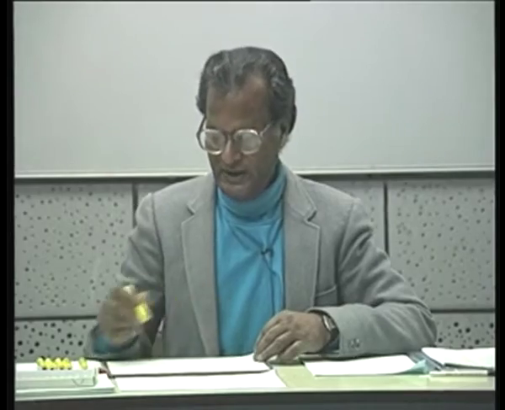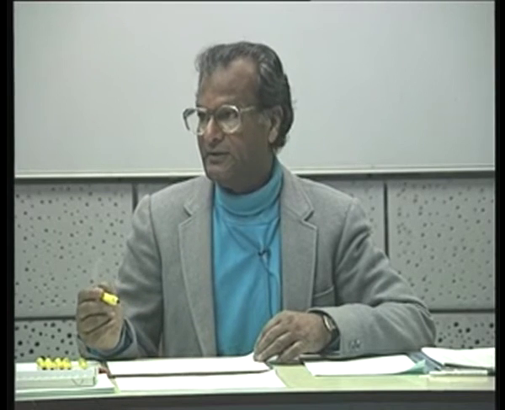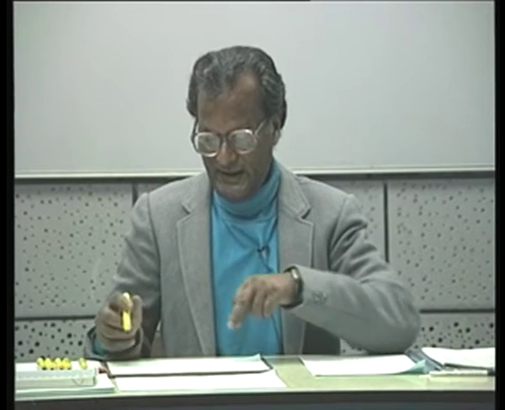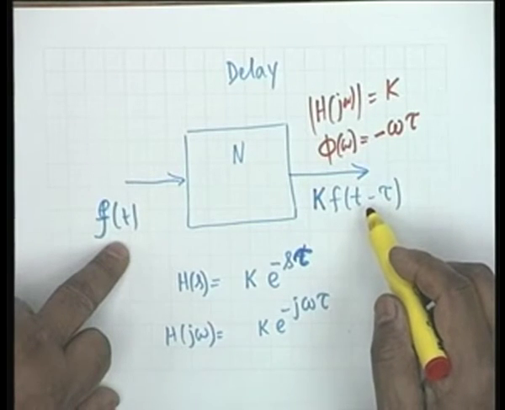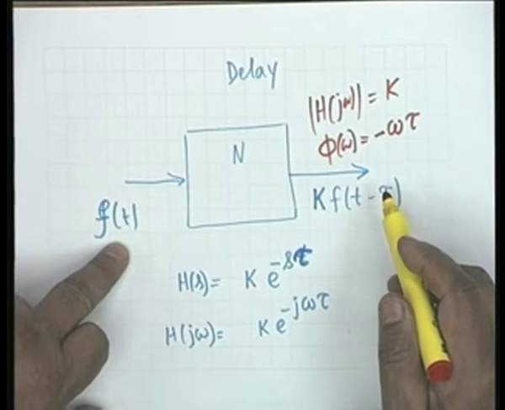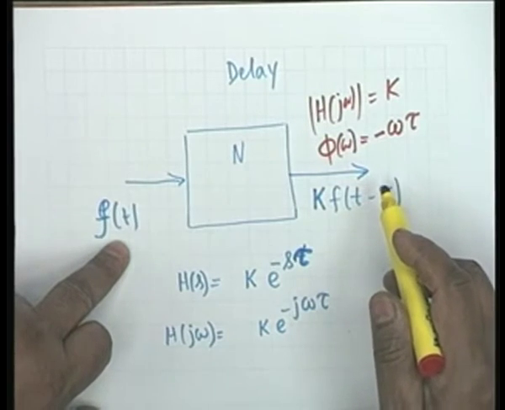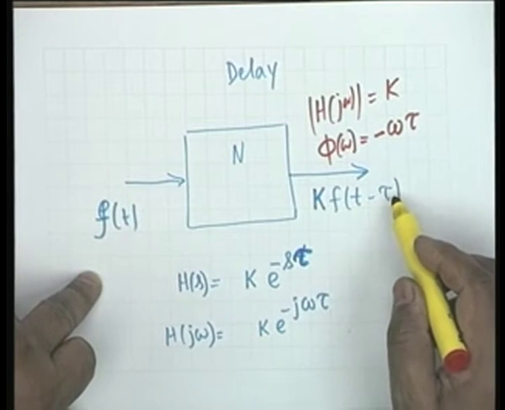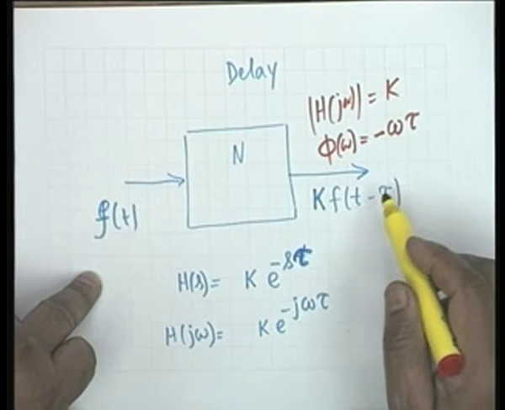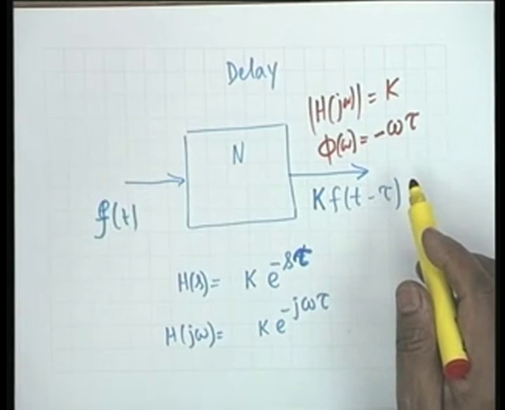Tau is the delay of the network, and in the time domain description you notice that there is no element, no parameter called frequency. It is simply a function of time. Tau is a constant independent of any other parameter of the network.